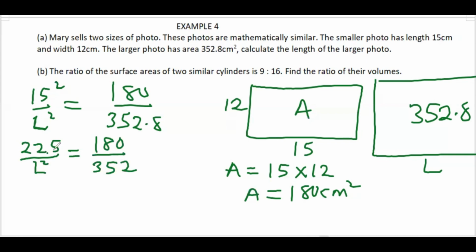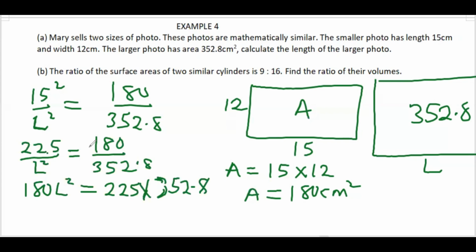So from here we cross multiply. L squared will multiply 180, and we have 180 L squared equals 225 multiplying 352.8.